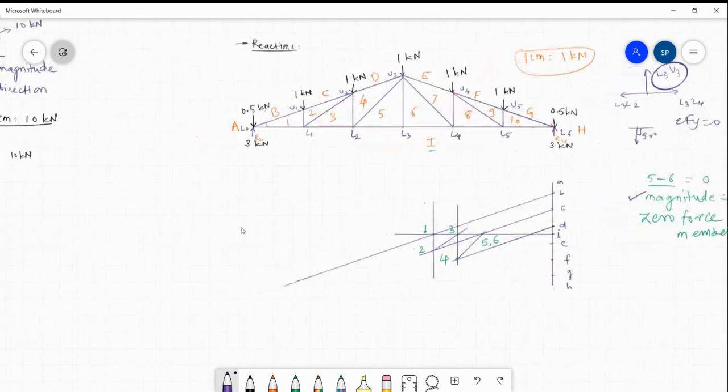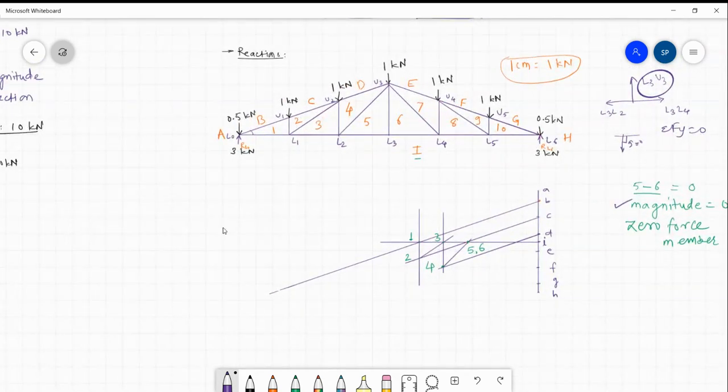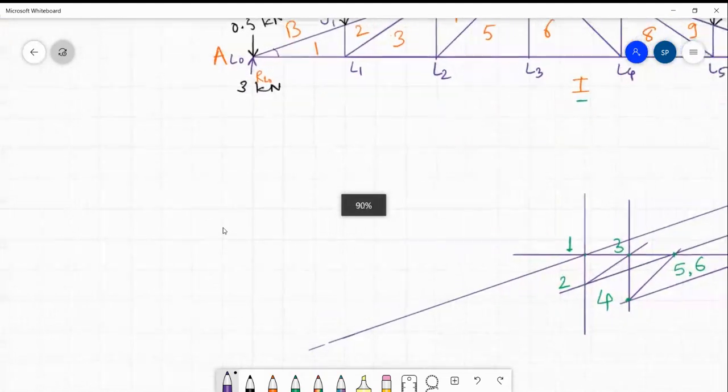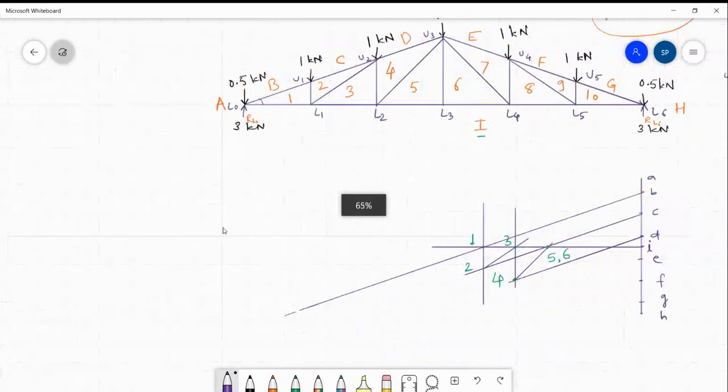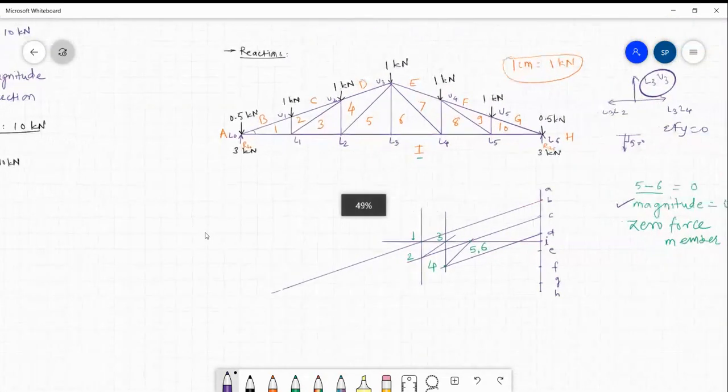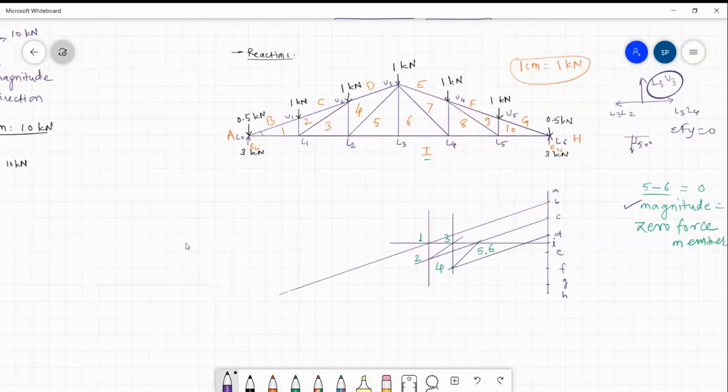So let us list down the member forces which need to be calculated and what you are supposed to do to get that value. So let us start with member force L0 U1. Now to get the value of member force L0 U1, what are the Bose notations? B1. So distance to be measured.